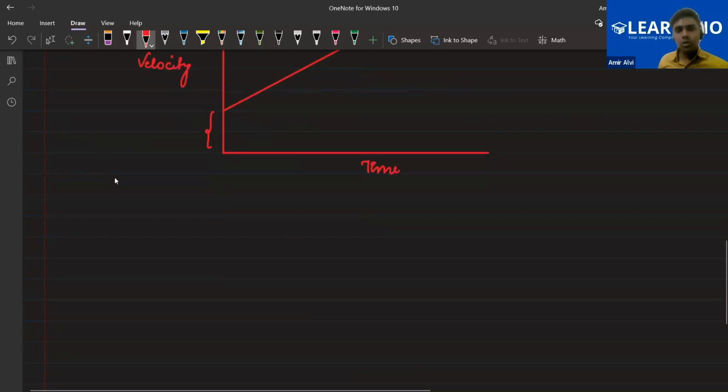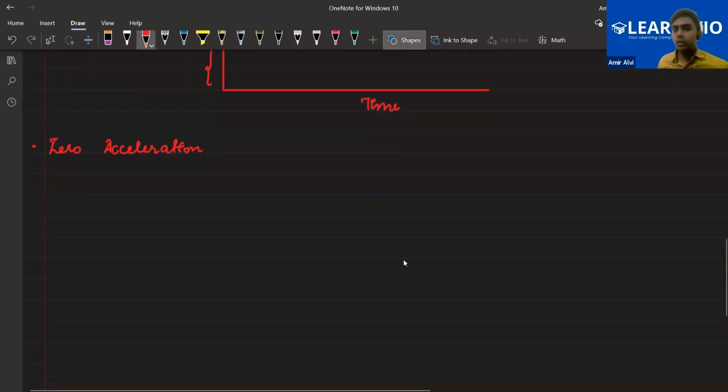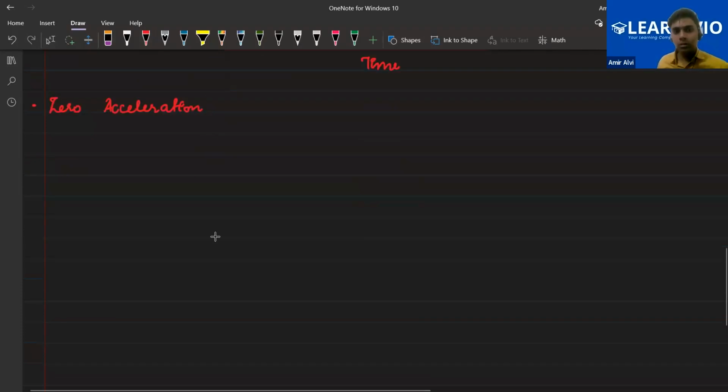So next, let's talk about the non-uniform acceleration. Before that, let me tell you one thing as well, zero acceleration. Zero acceleration means, will there be any acceleration in the case?